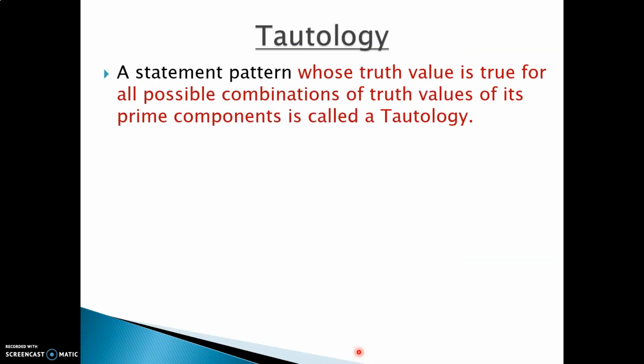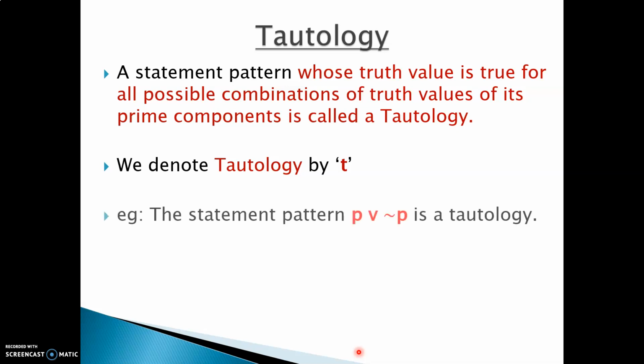Now tautology. A statement pattern whose truth value is true for all possible combinations of truth values of its prime components is called a tautology. That means if all the values in the last column of the truth table are T, then it is called a tautology. Tautology is represented by small letter t.